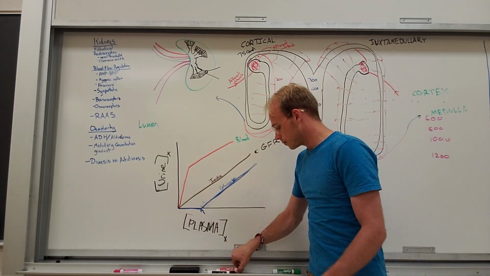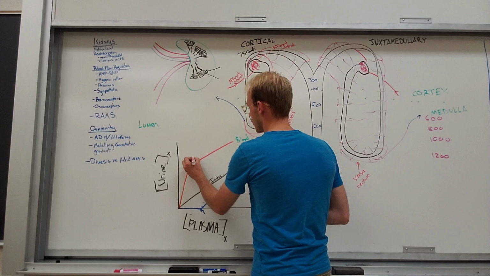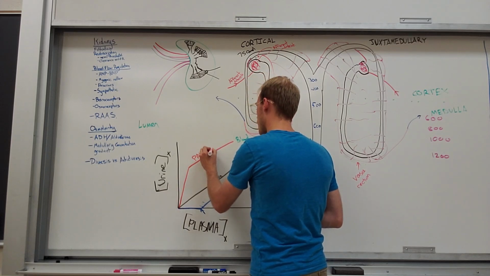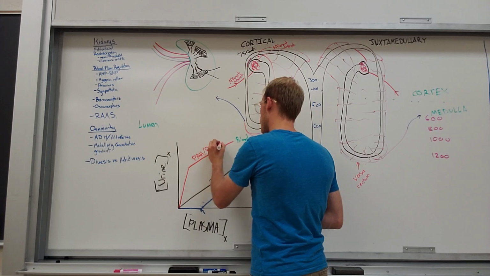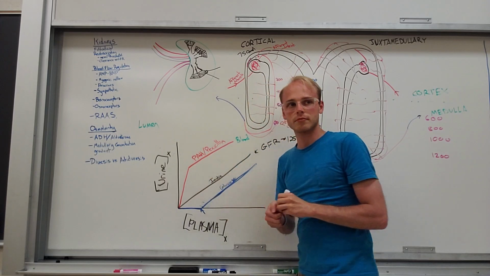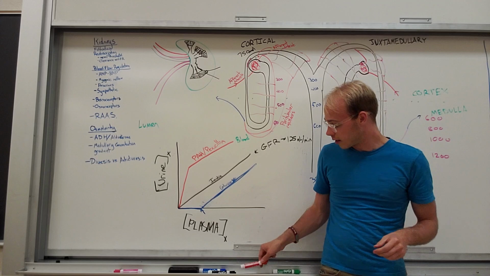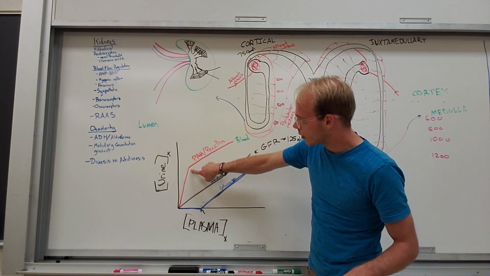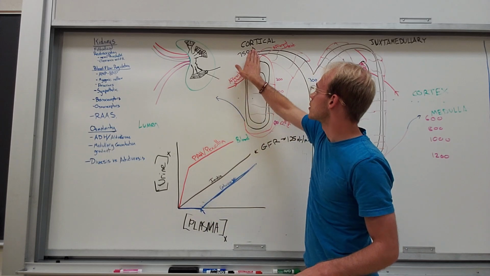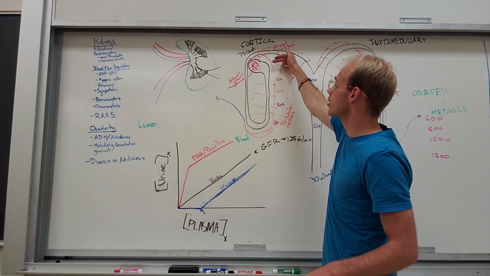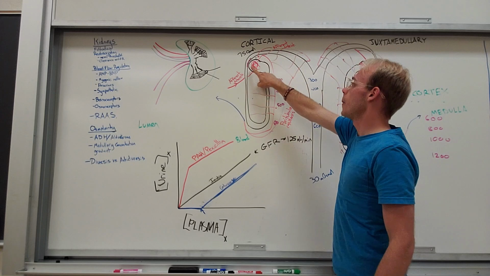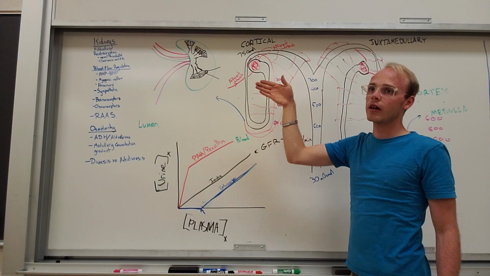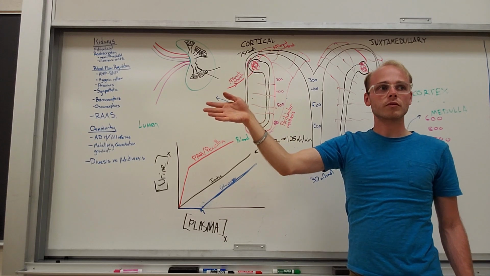Something like this, we can call this PAH or penicillin. Really interesting. So when we find a ton of it in the urine and not a lot in the plasma, that means it's being filtered, it's not being reabsorbed, so it's not getting put back into the blood, but any that made it past the filtration is pulled into the nephron through secretion.